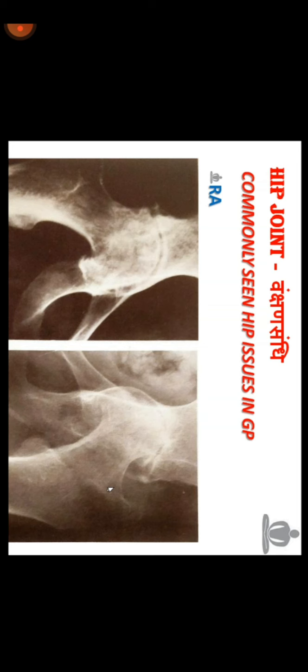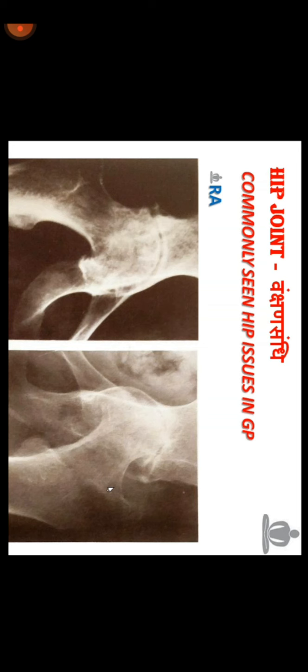So whenever you examine these type of cases, swelling is not that obvious because this joint is deeply situated. This is not a superficial joint, and because of the same thing, temperature of overlying skin is not increased as it is in rheumatoid affection of other joints.